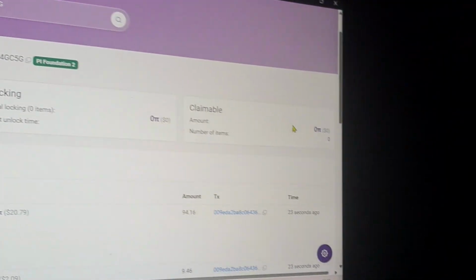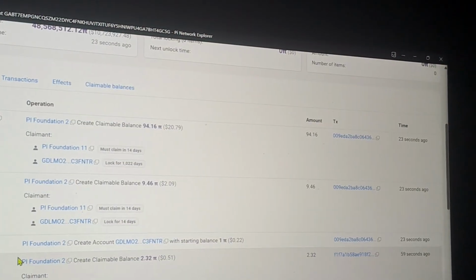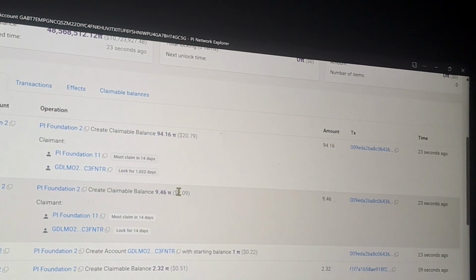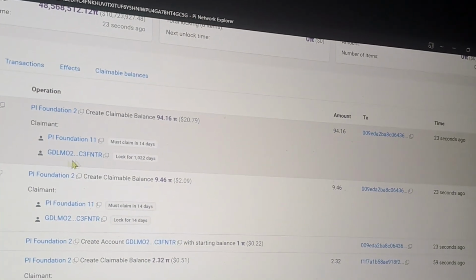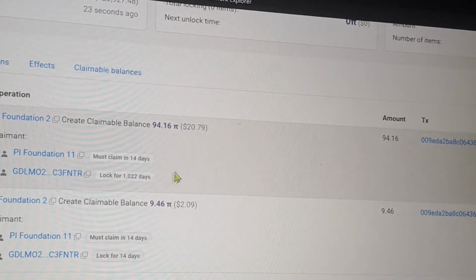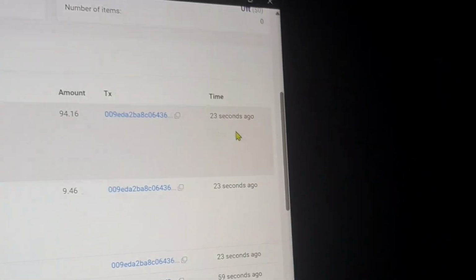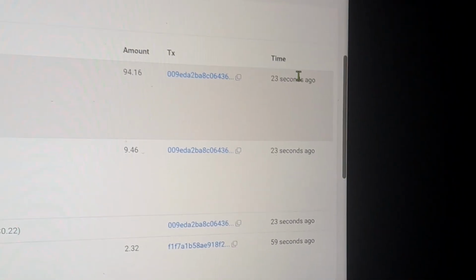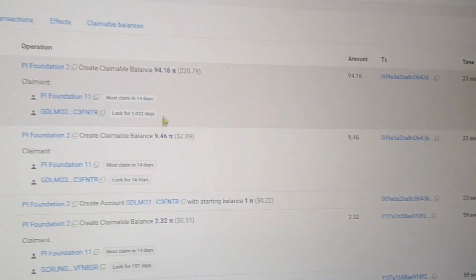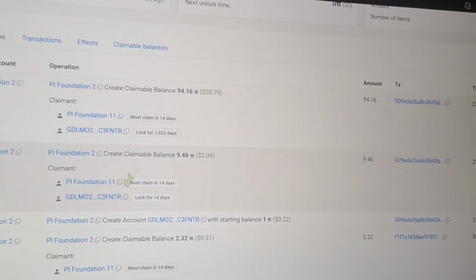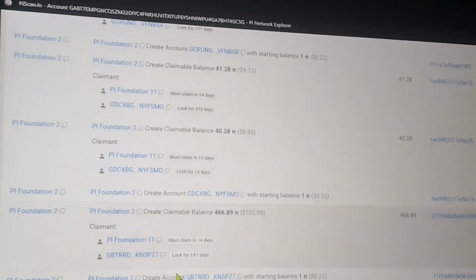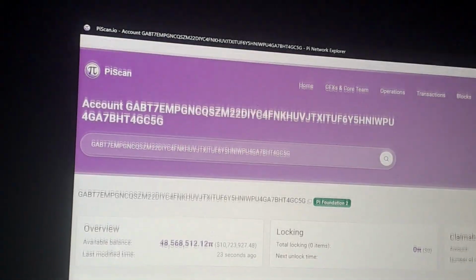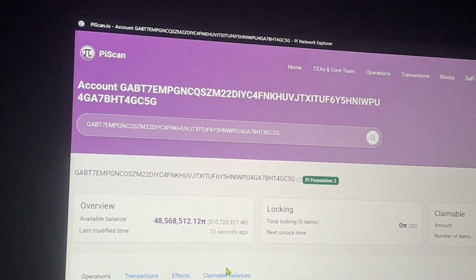It has no locking, no claimable, and these are the operations happening. So migrations are happening. You can see migration has happened to this account. The lockup period is here, and the amount is here, and this is the time at which this has happened. So you can see this amount is the same as this. So migrations are happening according to Pi Foundation 2, which is the migration wallet.